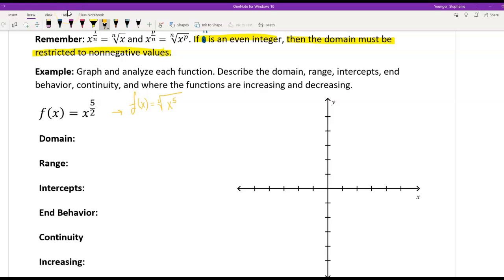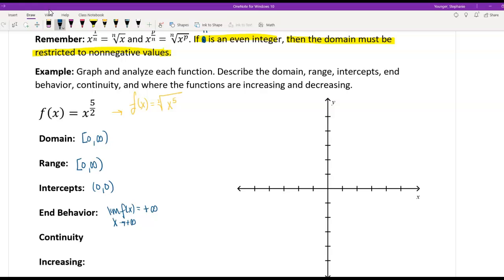Because n, my index, is even, I am restricted to non-negative values. So my domain can start at 0 and go to infinity, which means my range will also start at 0 and go to infinity. My intercept is at 0, 0, and end behavior says the limit of f of x as x approaches positive infinity is equal to positive infinity.